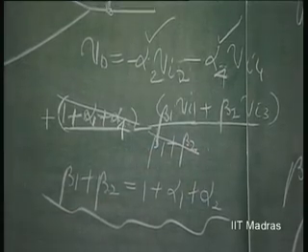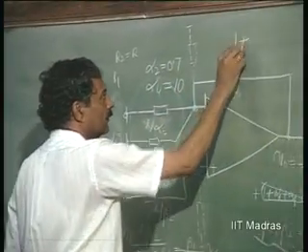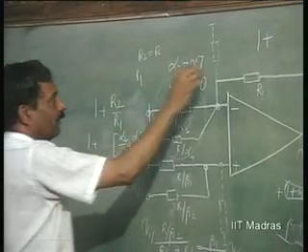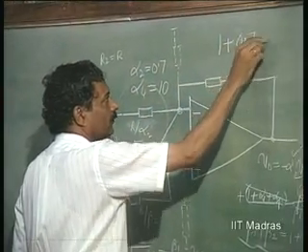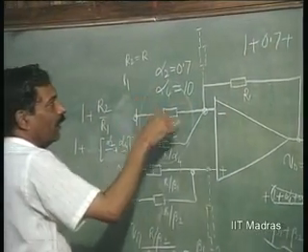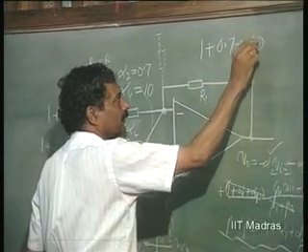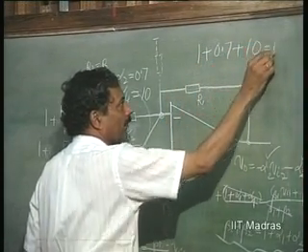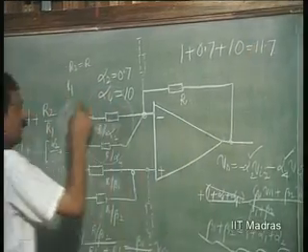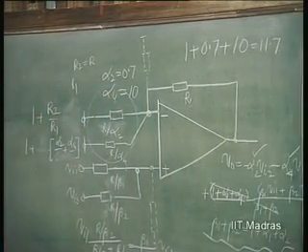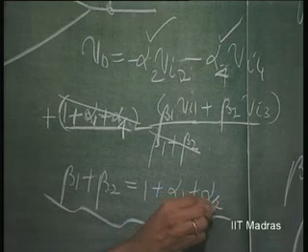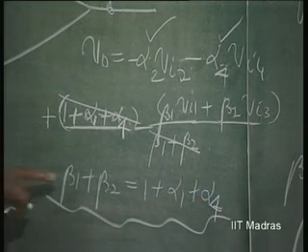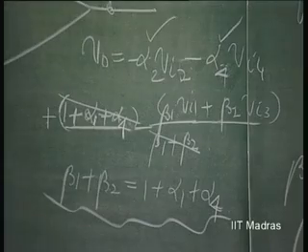Now, let us see in our design. 1 plus alpha 2 plus alpha 4 is 1 plus 10, which is 11, equal to 11.7. That is 1 plus alpha 2 plus alpha 4. Beta 1 plus beta 2 is going to be how much?